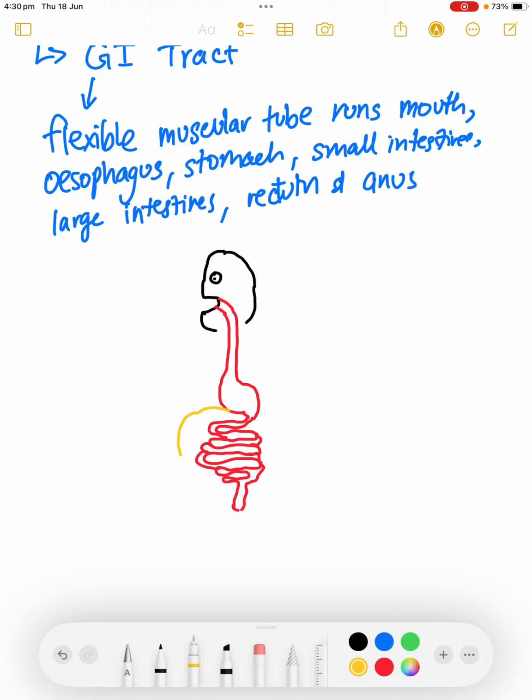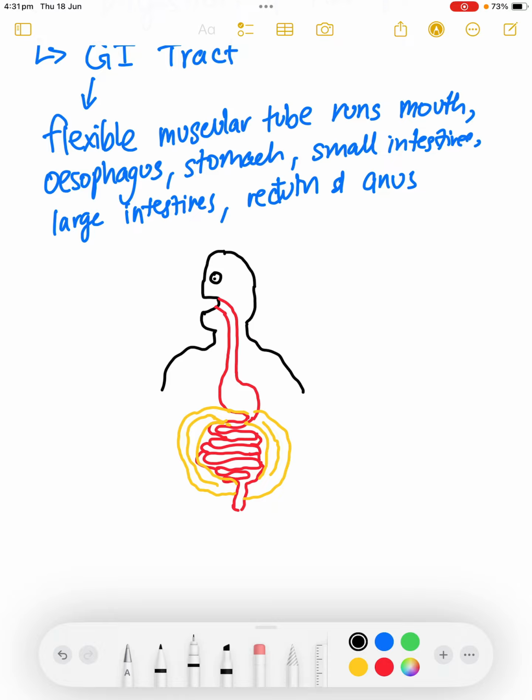I'm going to draw in here the large intestines too. Okay. Remember, cartoonized version, not going to look amazing, but as simple as I can make it here.